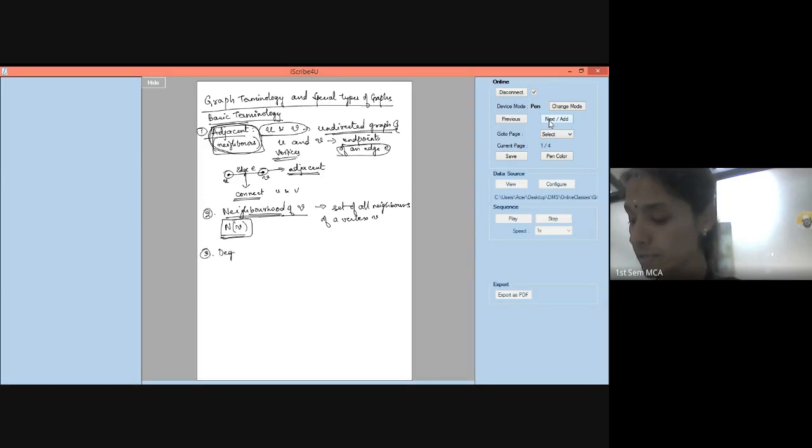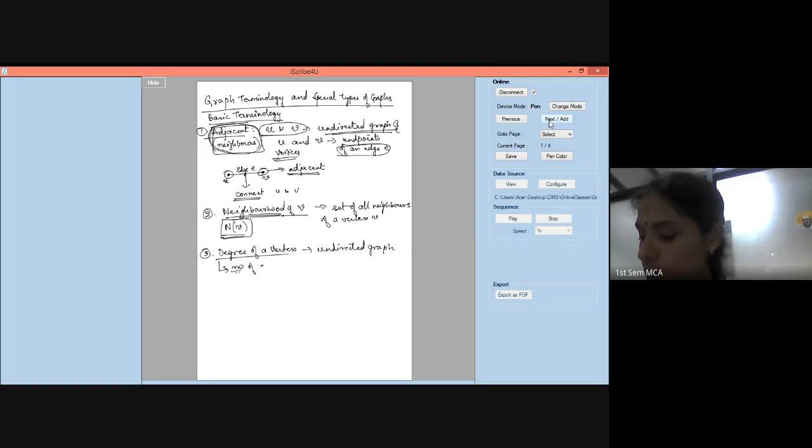Next, very important: the degree of a vertex in an undirected graph. The degree of the vertex is the number of edges incident with it.